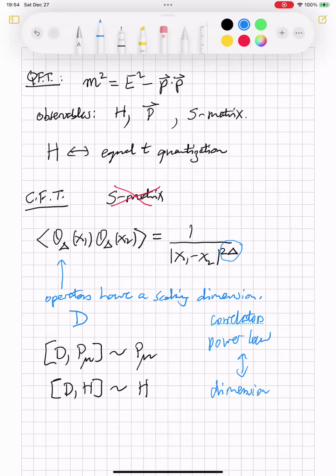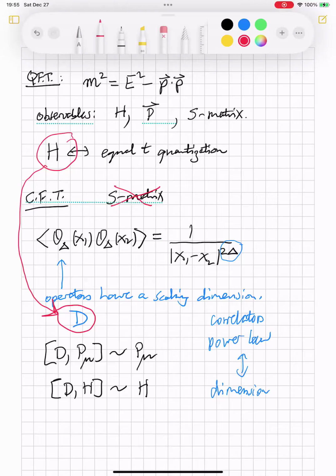So the role that was played by the Hamiltonian is now being played by the dilatation operator. What you might wonder is, we had this equal time quantization, and the Hamiltonian defined a time evolution operator that went between the different slices of the equal time quantization. Is there a quantization in the conformal field theory so that the finite transformation generated by the dilatation operator takes us between different slices of this quantization?